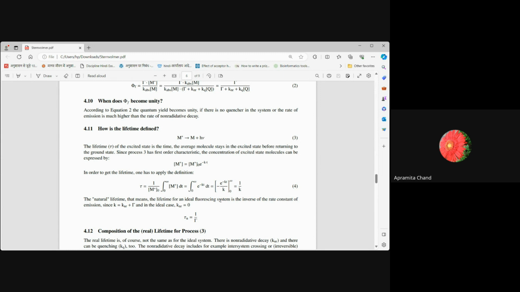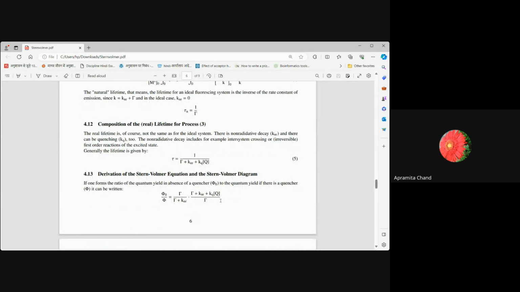The k that we are defining is the rate constant of non-radiative decay plus the rate constant of emission. In an ideal case, the rate constant for non-radiative decay is usually equal to 0. So tau_n is the reciprocal of the rate constant of emission. But this is just for the ideal system. For a real system, there is non-radiative decay and there can also be quenching.